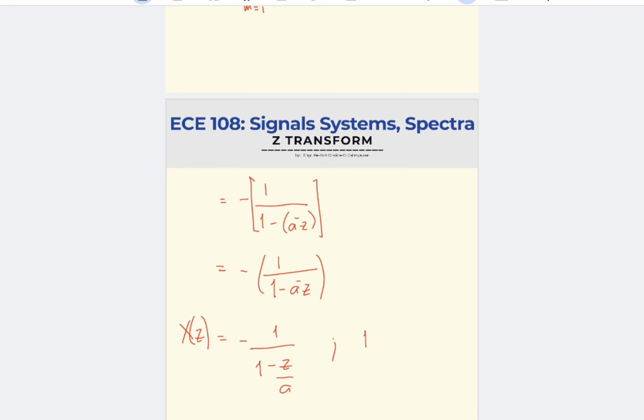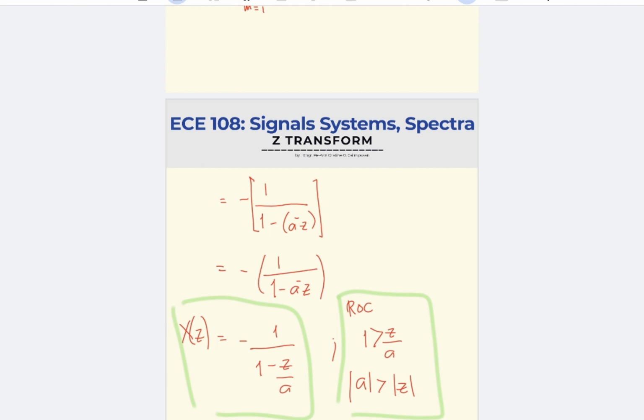So to get the region of convergence, we must not let the denominator equal to 0. So therefore, 1 must be greater than z over a. So therefore, the absolute value of a must be greater than z, or z is less than the absolute value of a. So that is the region of convergence and the z transform.